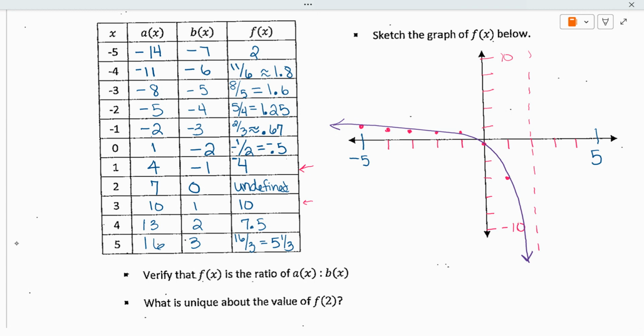Well, when x is 3, I go all the way up to 10. When x is 4, my output is 7.5. So 10, 8, 7.5 is about right here. And when x is 5, my output is 5 1/3. Okay, so this is going to look something like this.